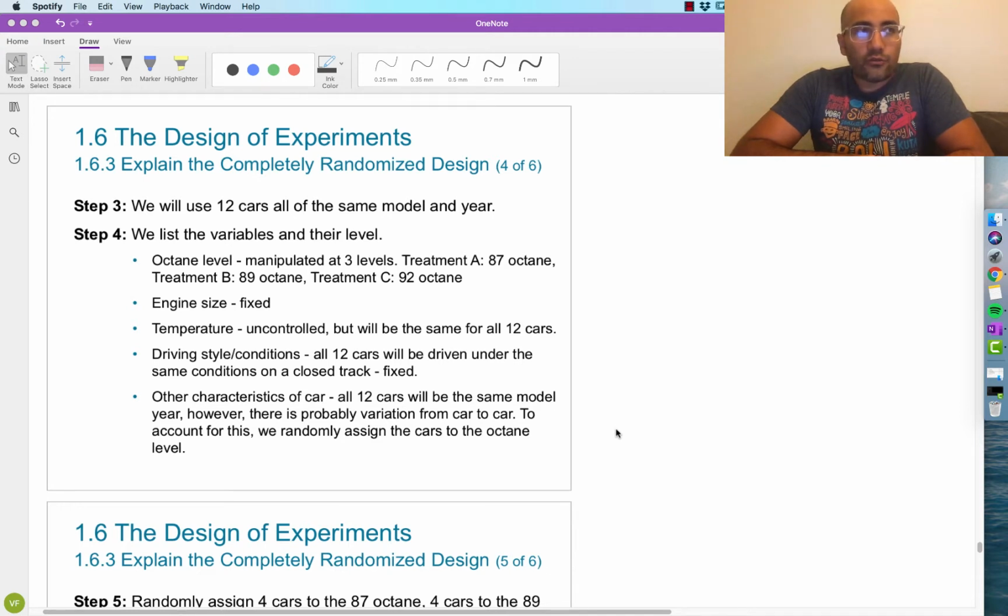But in order to further eliminate minor differences between the cars, we can do a randomization, right? Randomly assign the cars to the 3 different groups. So we can assign 4 cars to each treatment group in a randomized way, and then that again helps us make sure that any differences between the actual cars sort of gets neutralized.